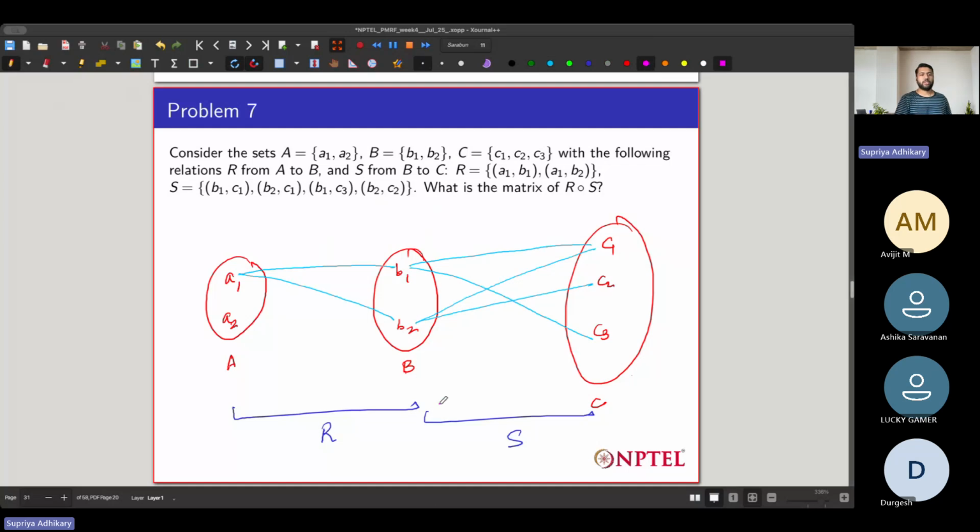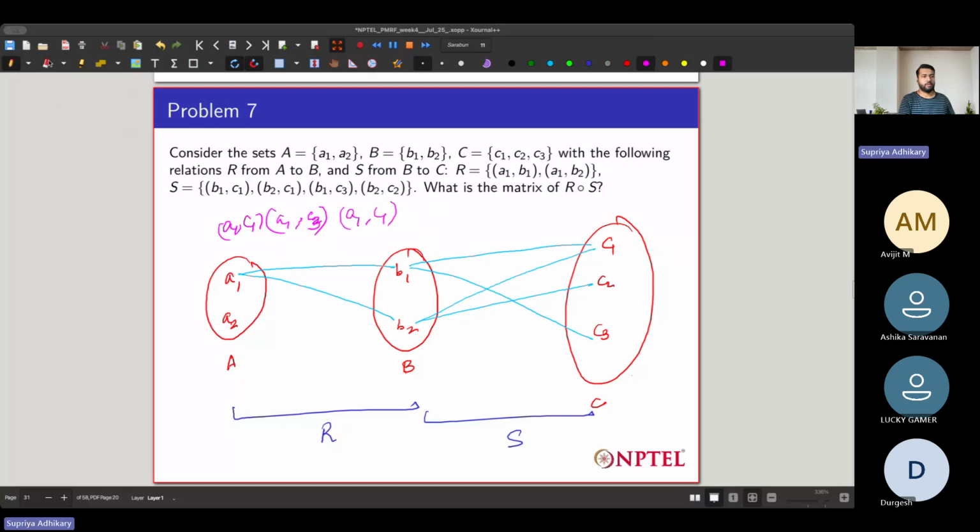So now our composition is just that. A1 is already related to B using the relation R. So therefore, in our composition we should have A1 C1, A1 C3, then A1 C1.